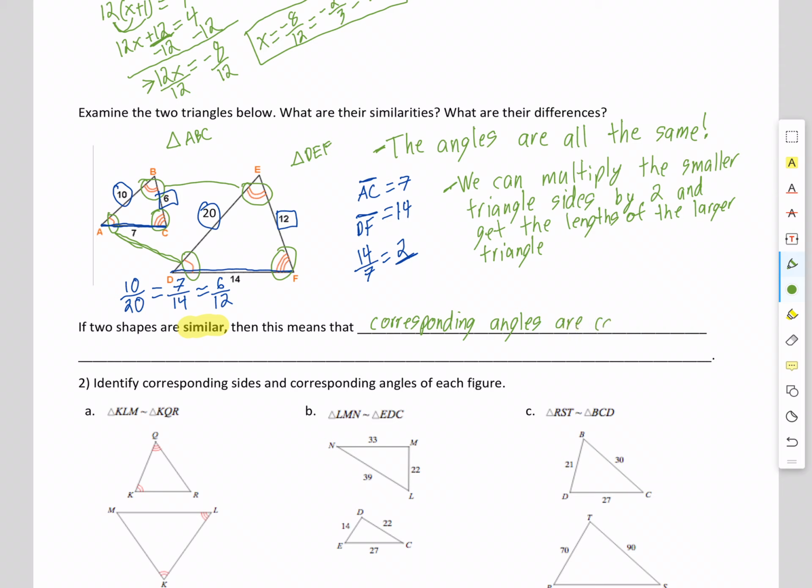I'll just put congruent because I want you to get used to the math language. I'll put equal over here. So what that means is, if we came over here to angle F, that's congruent to angle C, and angle A is congruent to angle D, and so on. But then it also means, so both of these things have to be true, the corresponding sides are proportional.